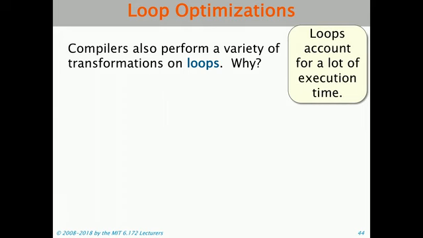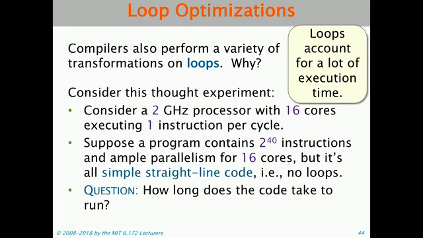The way I like to think about this is with a really simple thought experiment. Let's imagine that you've got a machine with a 2 gigahertz processor. We've chosen these values to be easier to think about using mental math. Suppose you've got a 2 gigahertz processor with 16 cores. Each core executes 1 instruction per cycle. And suppose that you've got a program which contains 1 trillion instructions and ample parallelism for those 16 cores, but all of those instructions are simple straight line code.